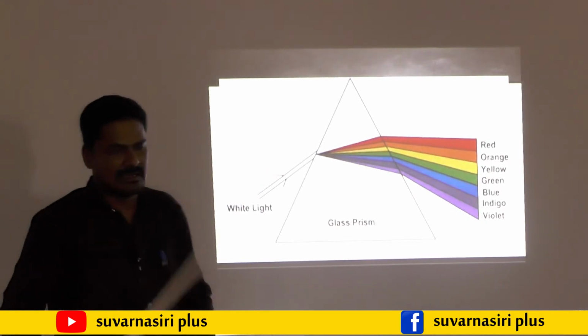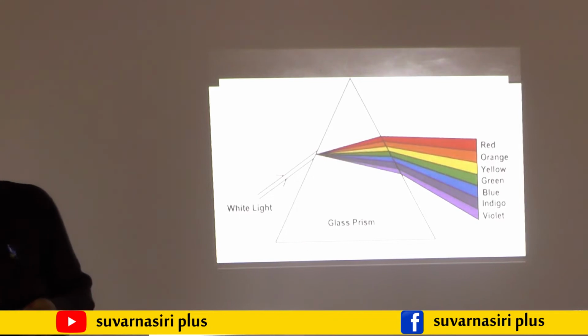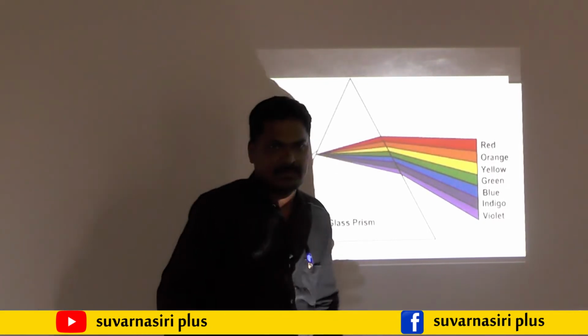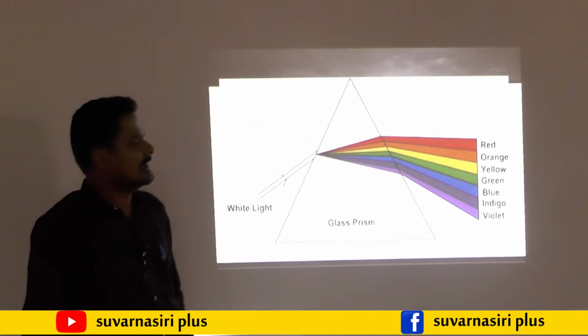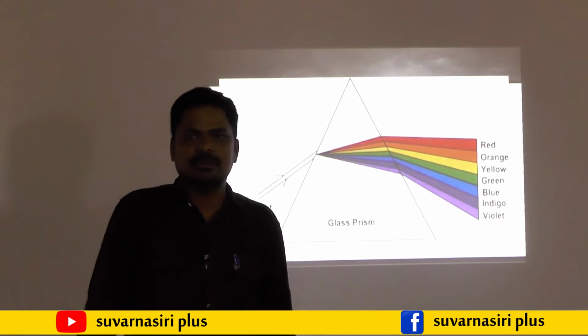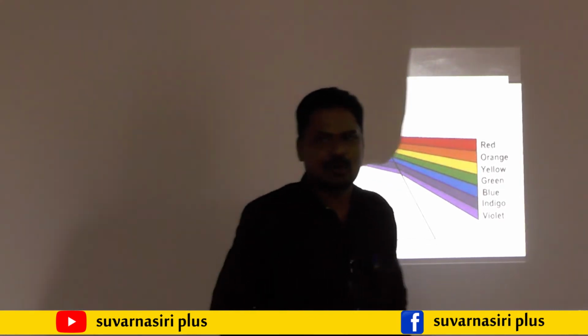For example, in the examination, a question may be asked where some colors are given to you, like yellow, green, orange and violet. Only 4 colors are given. Identify the color of light which bends the most.